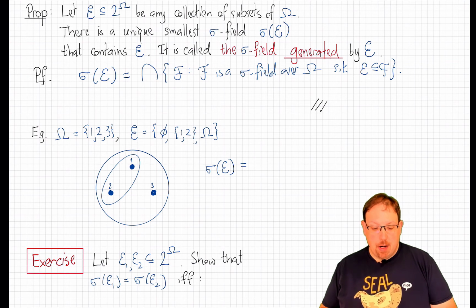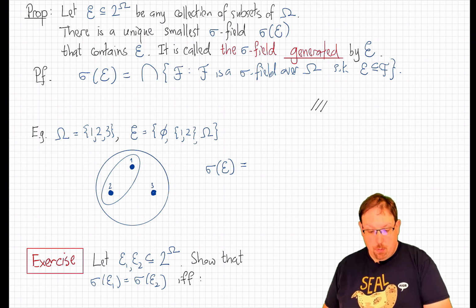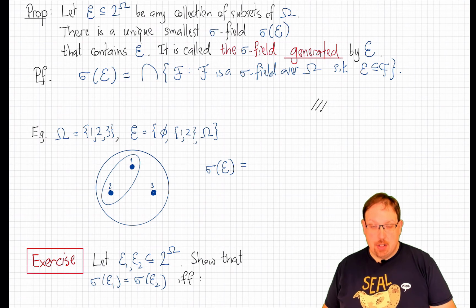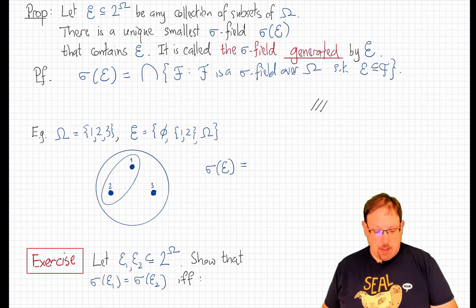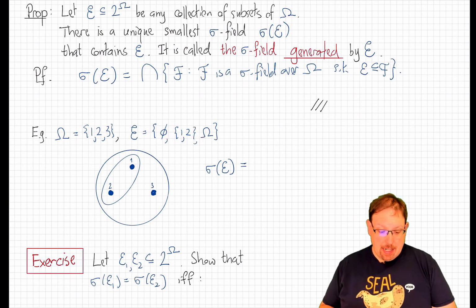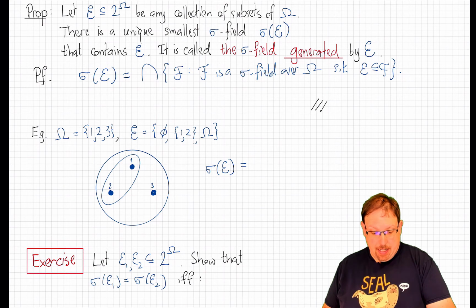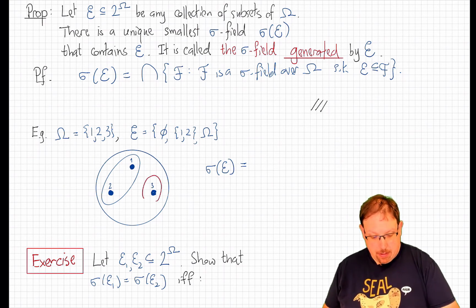Let's see what we minimally need to include. Right now, E is not a sigma field, or even a field. One reason is that it's not closed under complement. This set here, 1, 2, is not complemented in E. The complement of that set is this singleton here, 3.